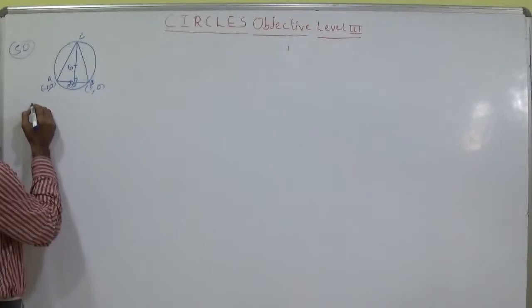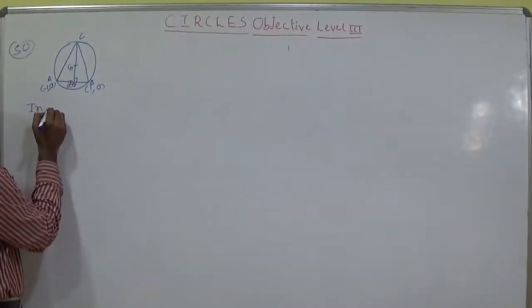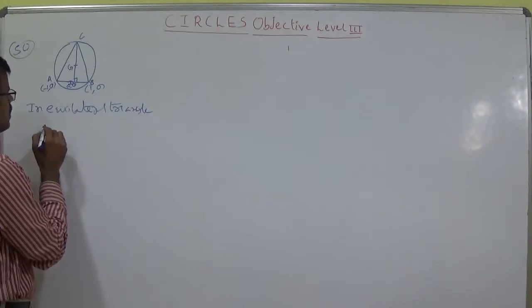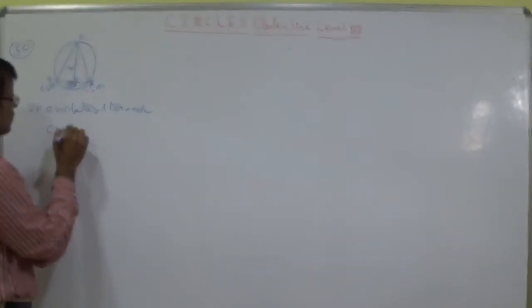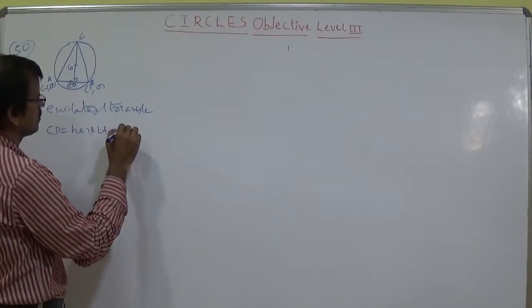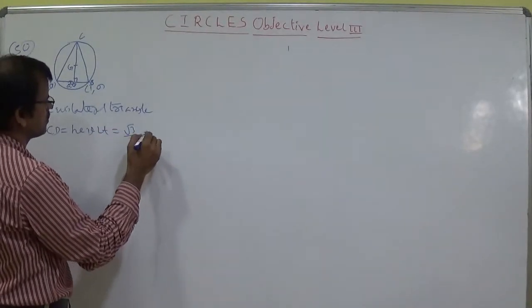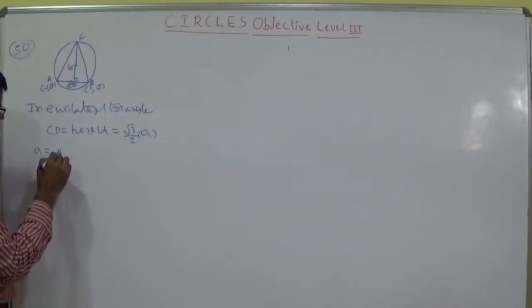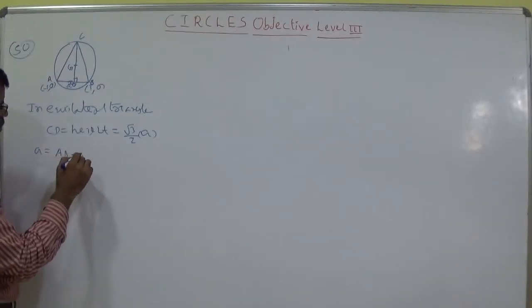Let G be the centroid. In an equilateral triangle, CD is equal to the height. CD is equal to height is equal to root 3 by 2 into a. Here a means every side is equal in an equilateral triangle.